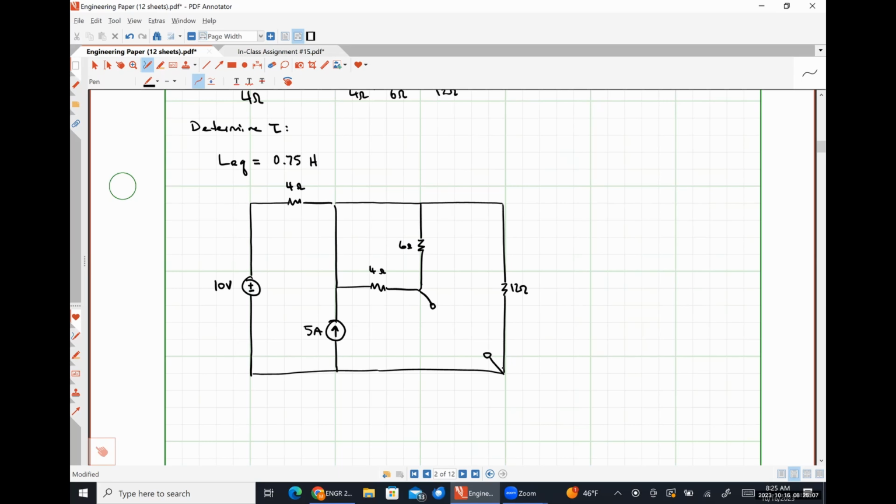Since I'm looking for an equivalent resistance, I need to look at a dead network. So I'm going to turn my 5 amp source off. And I'm also going to turn my 10 volt source off. So this is the network that I'm finding the equivalent resistance of. I can't really do this by inspection, so I'm going to identify my nodes.